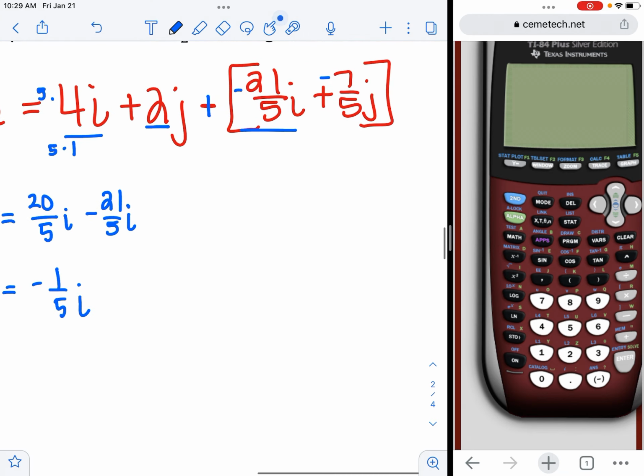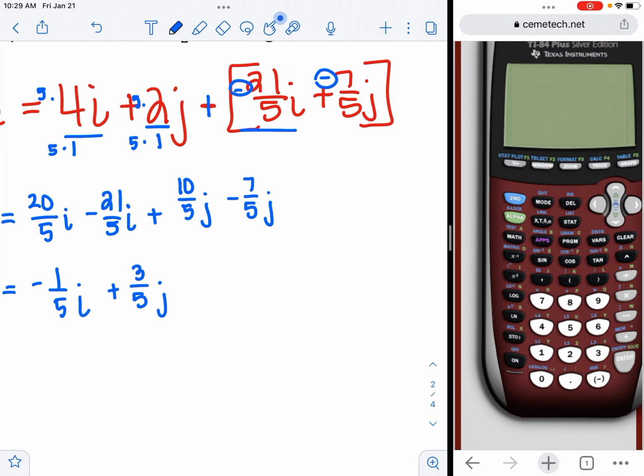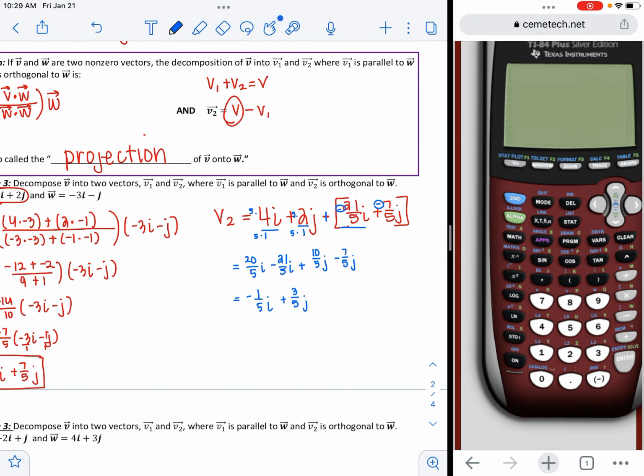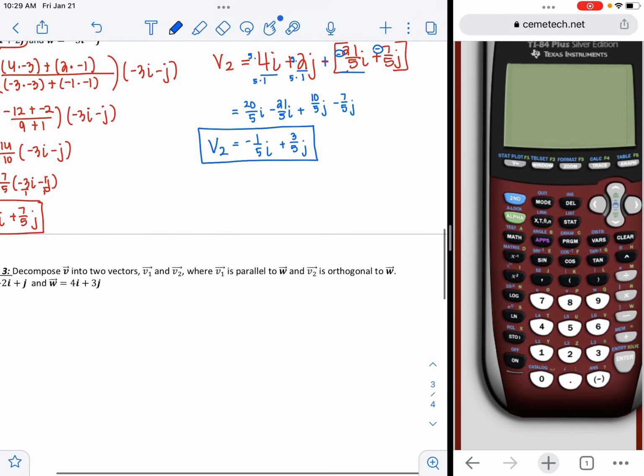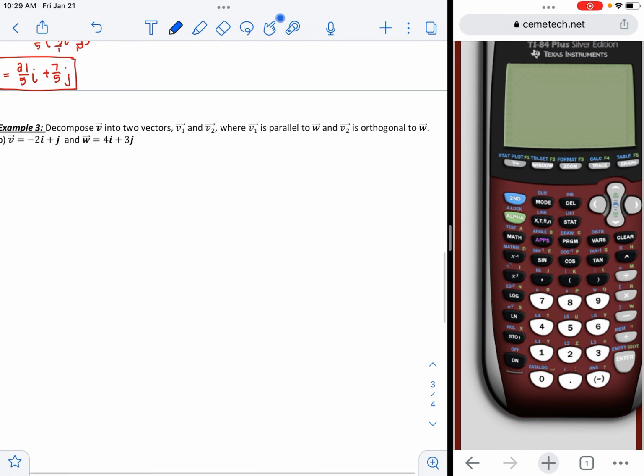Then I'm going to do the same thing for j. I need a common denominator, put this over 1, multiply by 5, multiply by 5. So that's 10/5 j minus 7/5 j. I did minus because it's negative right here. Same thing with this one. So that's 3/5 j. And those are your two vectors, v1 and v2. Working with fractions is not everyone's favorite, but that's the hard part.